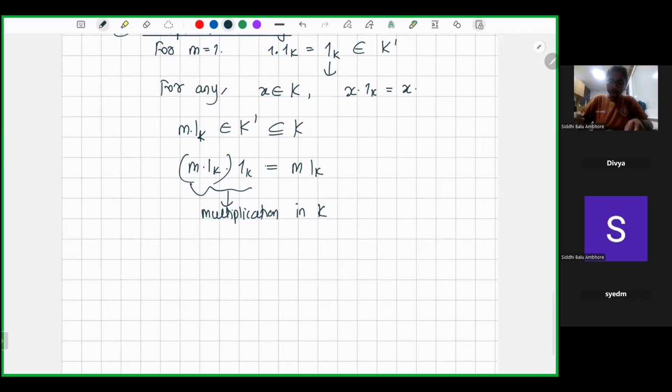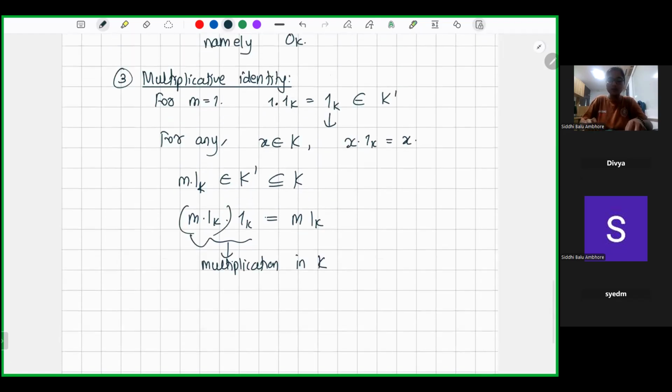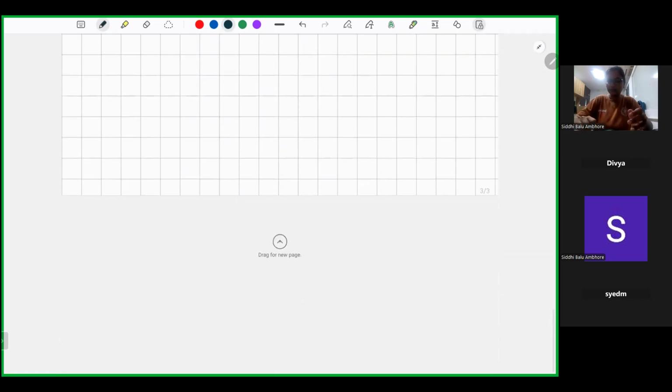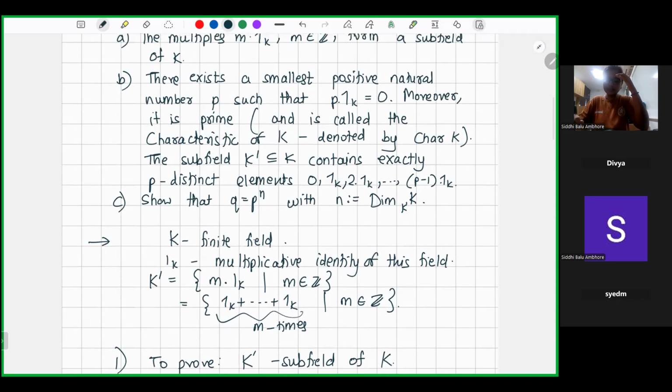Okay, so 1k we just proved. So now closure under addition. We have to prove addition, multiplication, and now the closure under addition. These are very routine checks for proving something is a subfield.